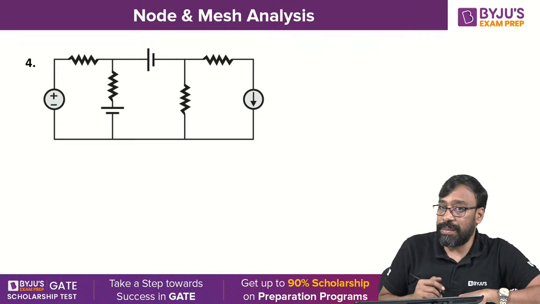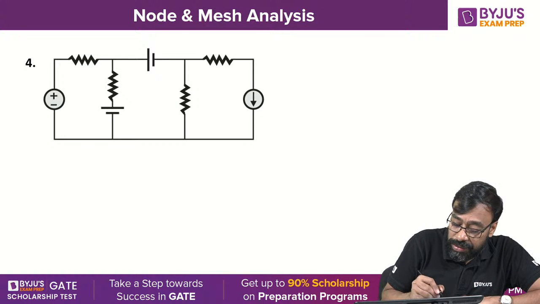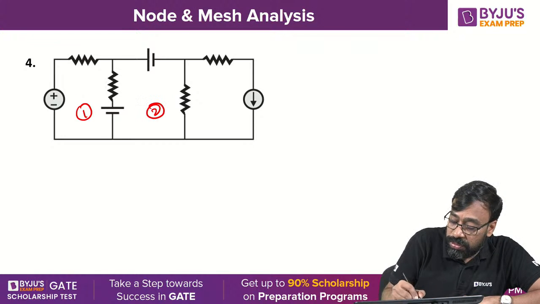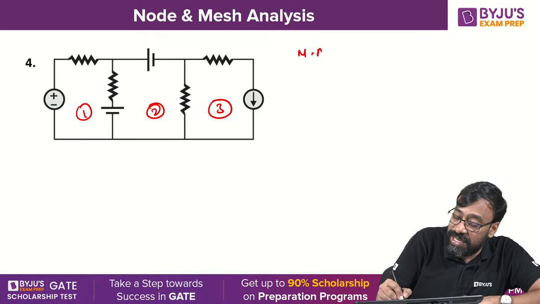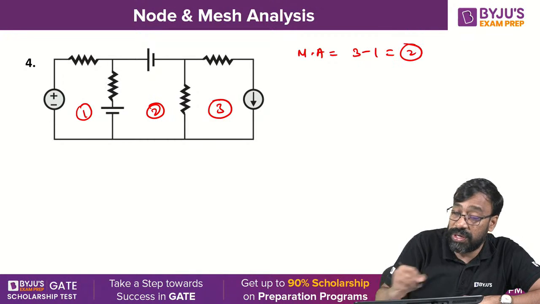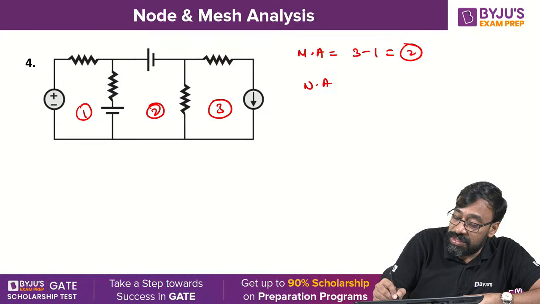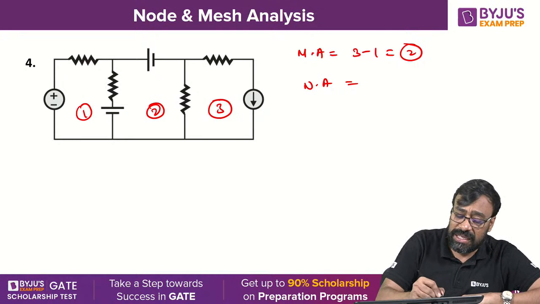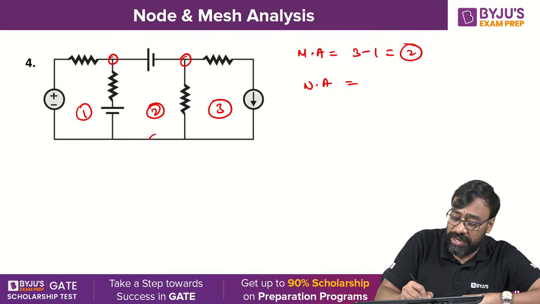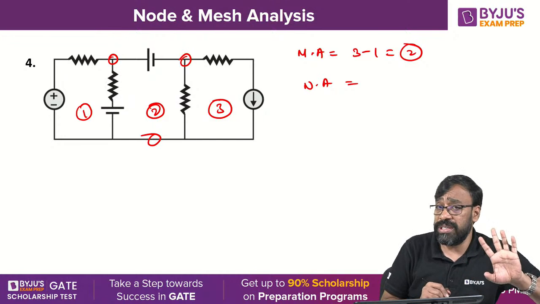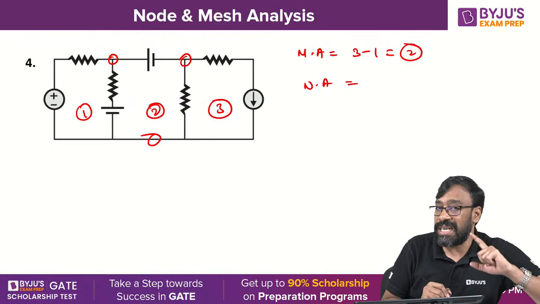Now, coming to this particular problem. Mesh analysis will give you 3 minus 1 current source, therefore 2 equations required. Node analysis: usually people will suddenly say that 1, 2, 3 nodes, therefore 3 minus 1, 2 equations required. But be careful before you give that answer.